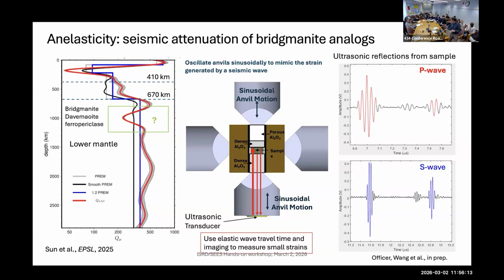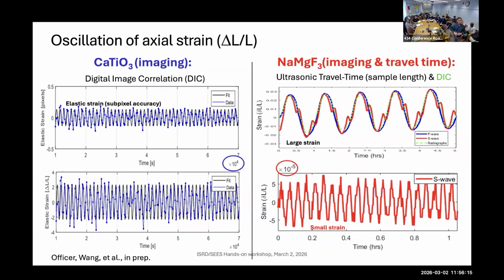In our case, we measure the strain in 2 ways. We can measure the strain by using the images and doing digital image correlation, and you get a resolution of about 10 to the minus 4. But you can also use travel times.